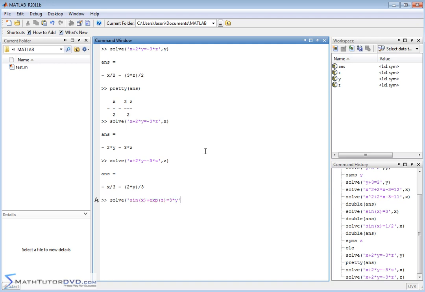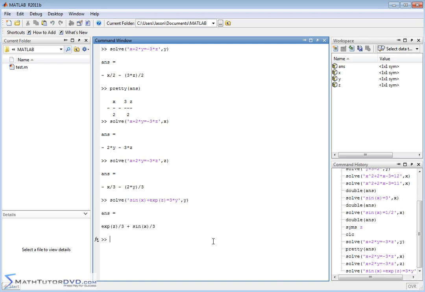So this is an equation. It's kind of complicated because we have the x variable wrapped up in a sine, we have the z variable wrapped up in an exponential e to the power of z, and then we have y over here. Now if we solve it for y, it's pretty simple because y is already over here, so we just divide by 3, and MATLAB can take everything and basically divide by 3 and isolate for y.